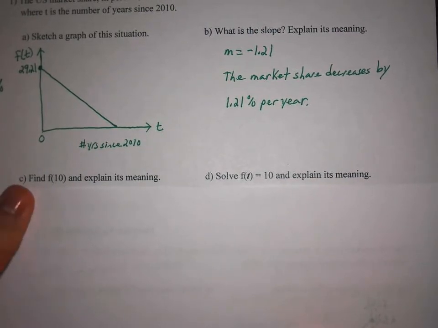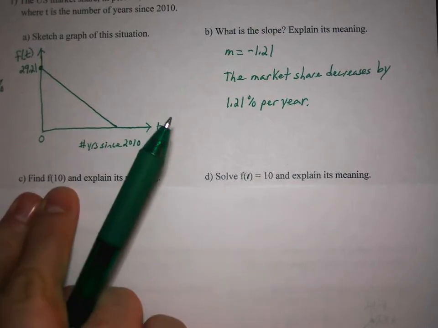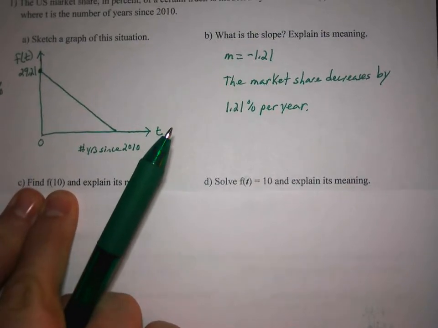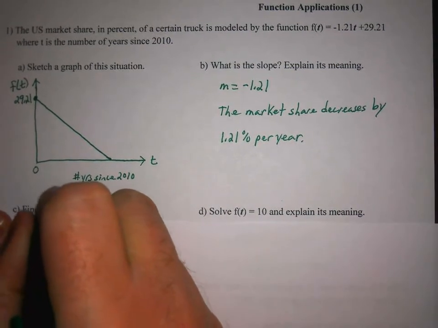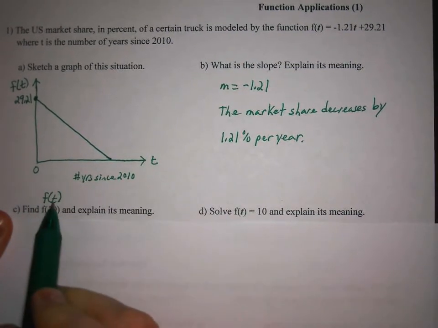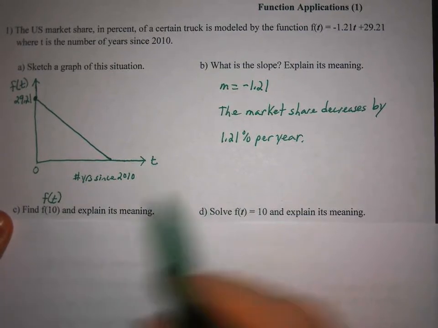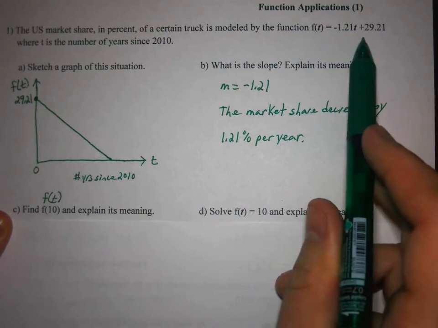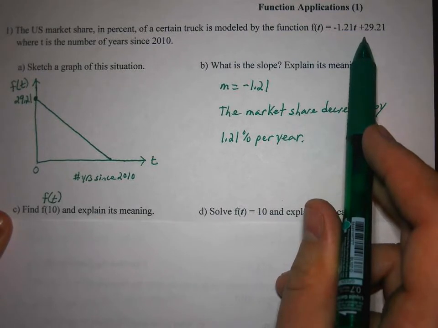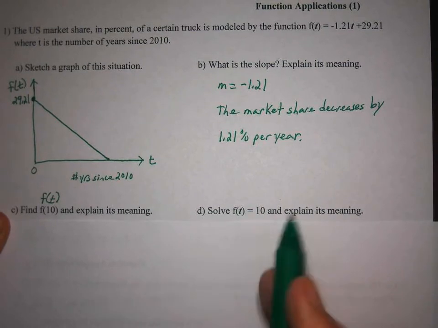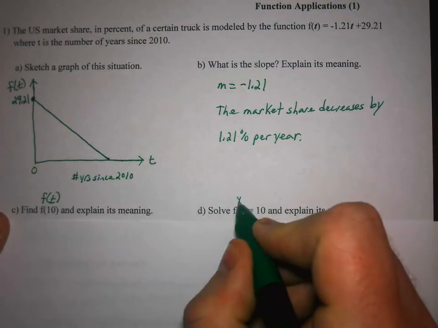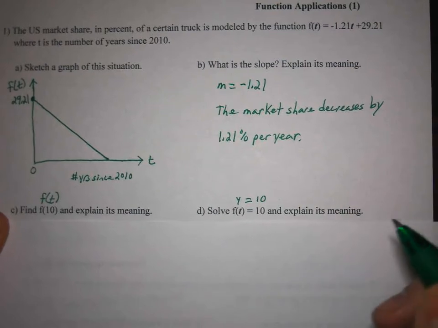C and D, now we're using function notation. So f of 10, remember, with our function being f of t, means they're giving us a t value of 10. So you're going to place 10 in for the t value in our equation. And then in part D, f of t equals 10. Now we're saying like y equals 10.